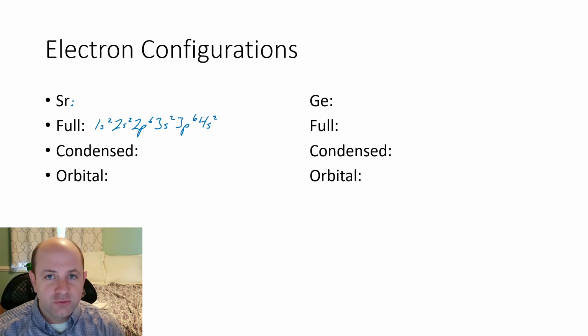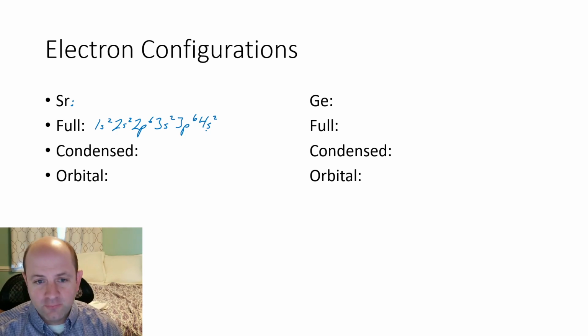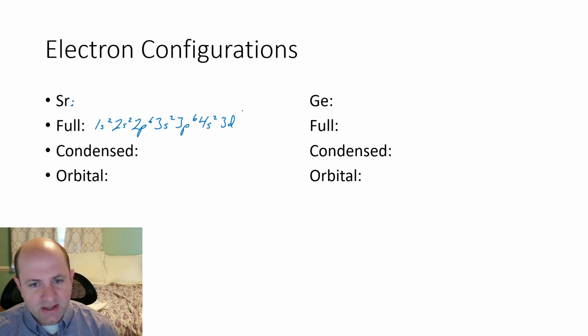Here's where the first tricky bit can happen. Remember that the d orbitals are always one number less than their row for that label. So instead of 4d, we start with 3d, it's one less. We fill in all 10 boxes from scandium through zinc, so 3d10. Now we're into the 4p section, so gallium through krypton, 4p6.